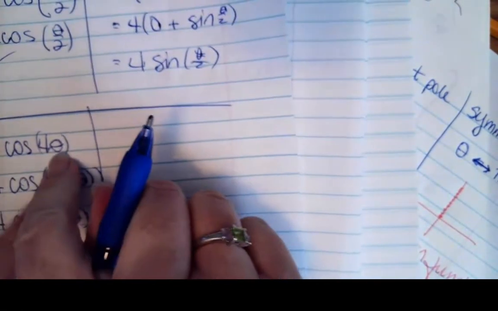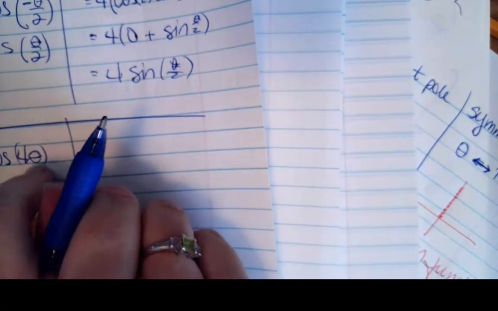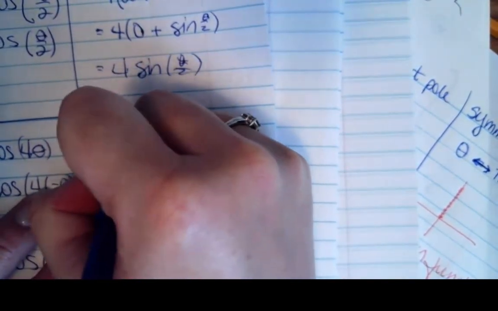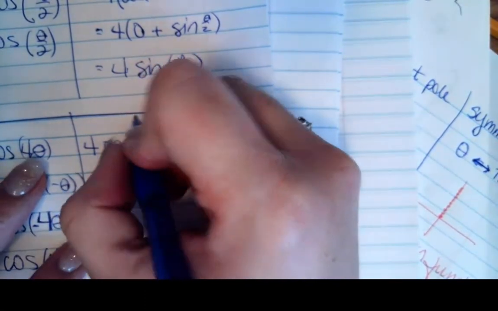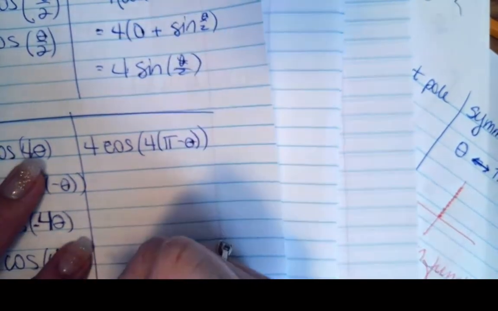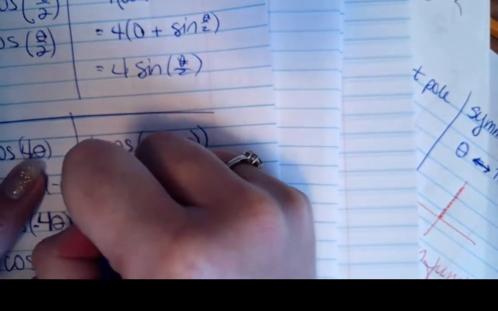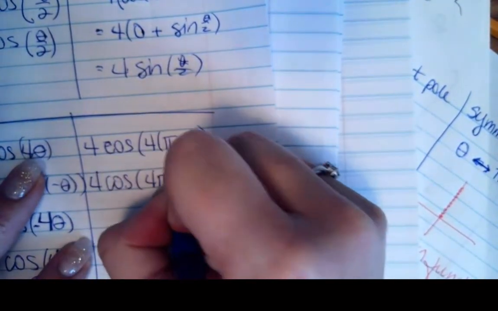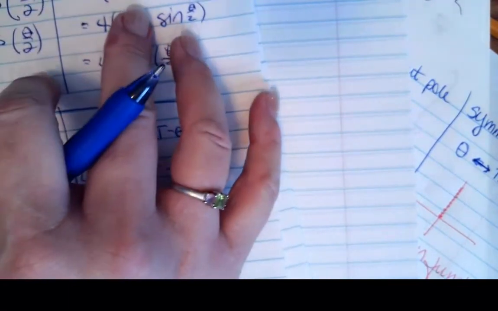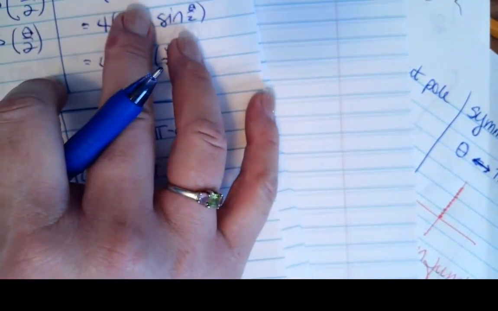For the next thing, we're going to substitute theta with pi minus theta. So I have 4 cosine, and instead of theta, we're going to do pi minus theta. So 4 times the cosine of 4 pi minus 4 theta. Again, we're going to use the sum or difference identities.